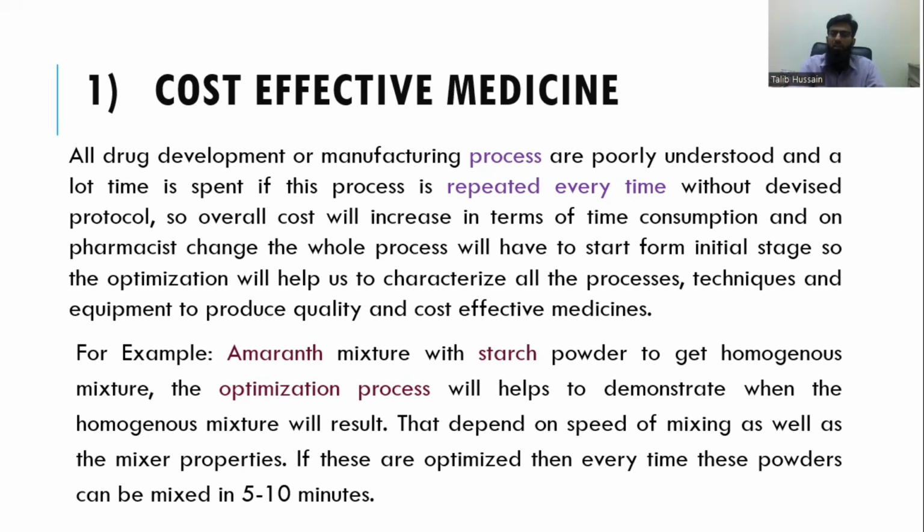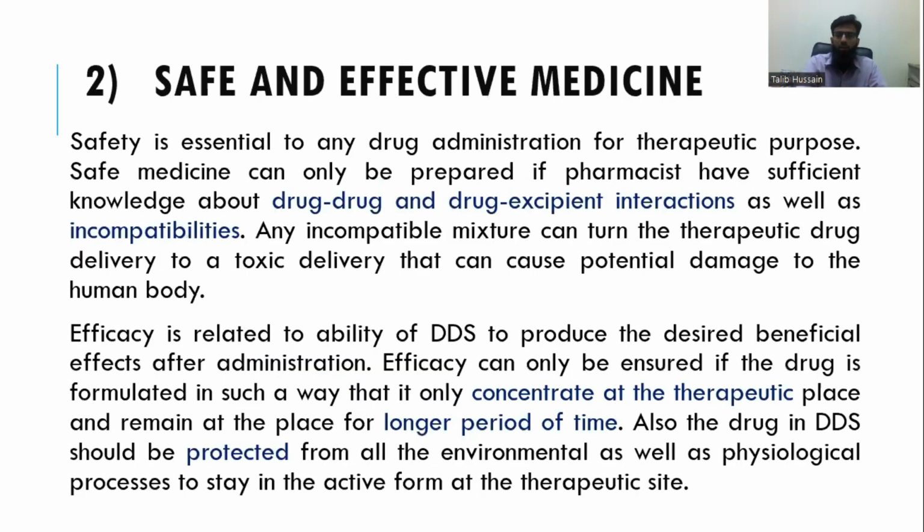If the same time and the same type of result is produced every time, then the process will be cost effective, as we will know how much time a mixing, a blending, a compressing, a granulation process, a quality control analysis, and a stability analysis will take, and at which time we can dispense it into the market.